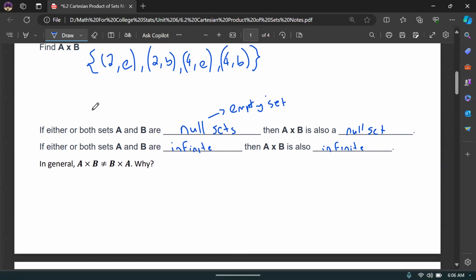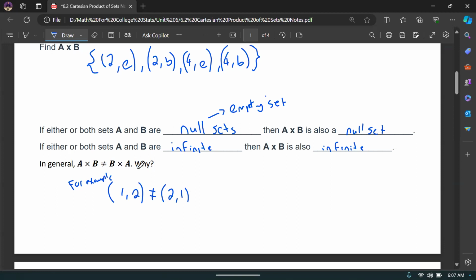All right. In general, A times B is not equal to B times A. Why is that? Well, the main justification there is, of course, we mentioned it earlier. Let's say, for example, the set 1, 2 would not be equal to the set 2, 1, right?